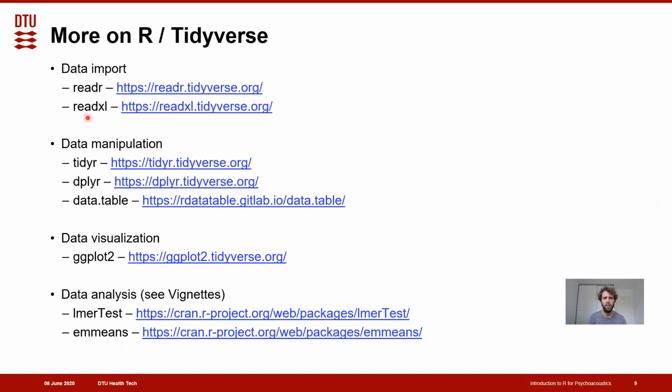But there are other ways to import the data. You can also do it manually in RStudio by clicking a couple of buttons. Or if you have an Excel XLS or XLSX file, you can read it with this function. And there are very nice help texts on these links.